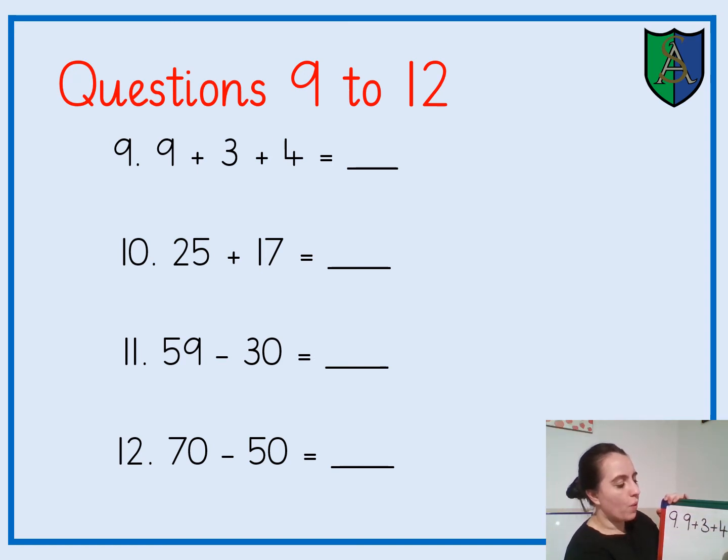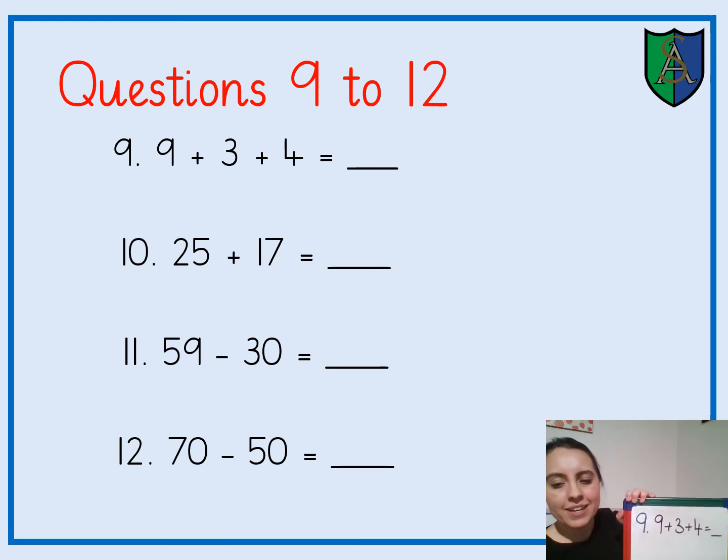The way that I would do this is I would look for my near double. In my near double, I've got 4 and 3. They're quite similar to each other, aren't they? There's only one difference between them, because 1 more than 3 is 4.